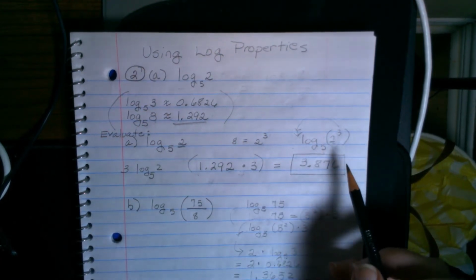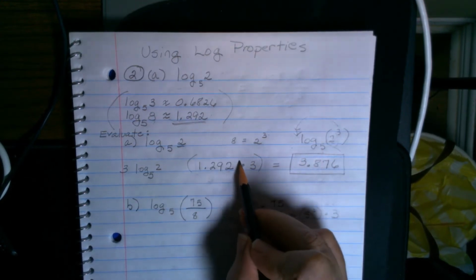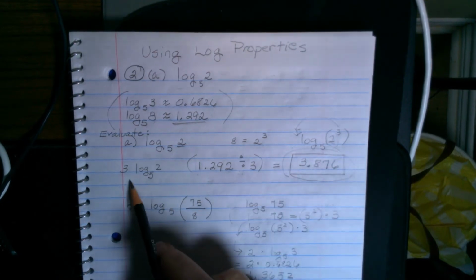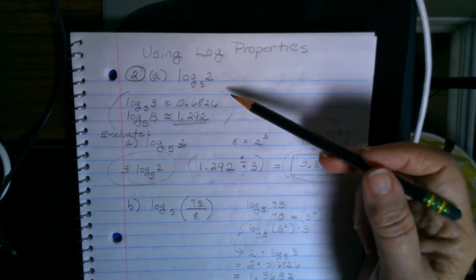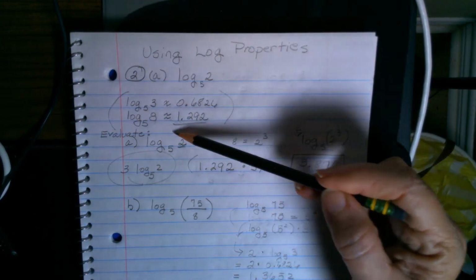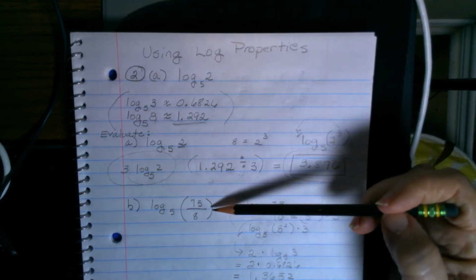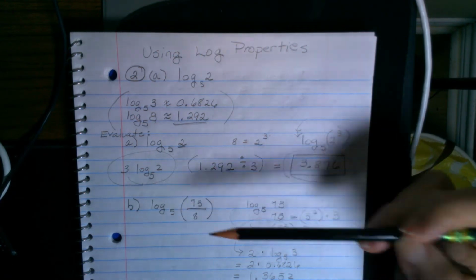So we'll take this and divide it by 3. So this should be division. Get your answer here. So that's what log base 5.2 would be. So we have to look at what we've been given, try to put it in a base that matches, and use our log properties. All right, for part B, we have log base 5, 75 over 8.